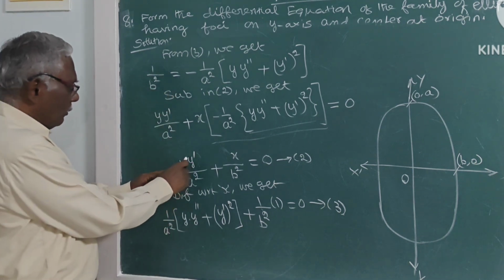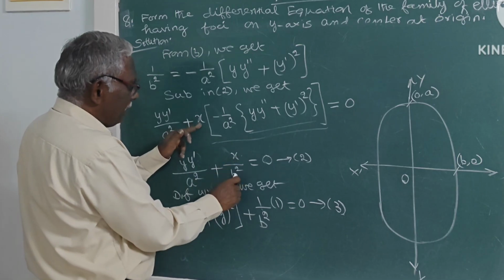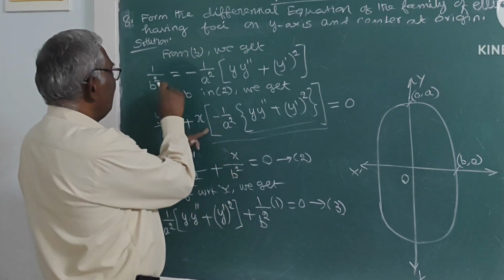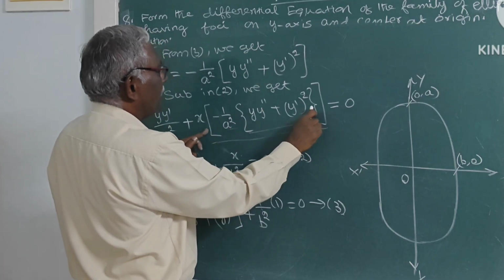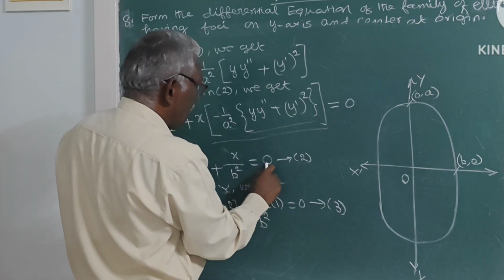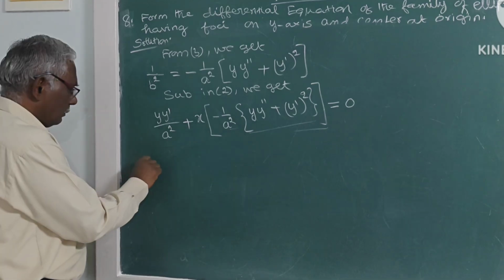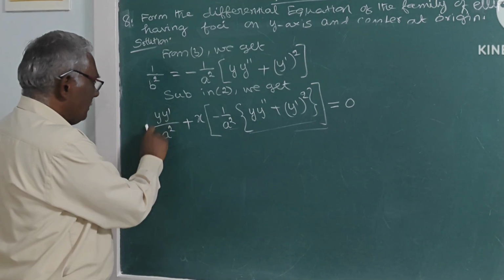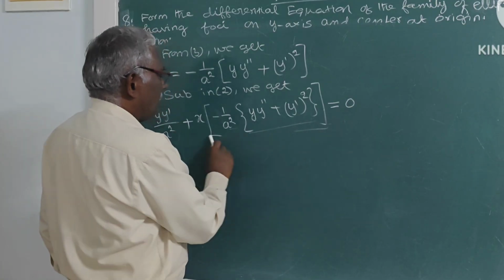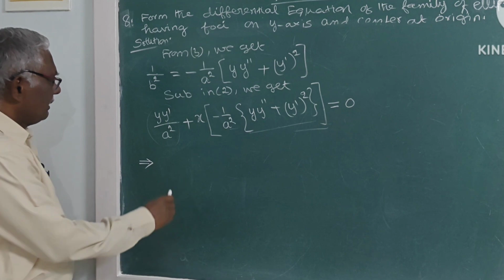So y dash by a square plus x into 1 by b square, for that 1 by b square this whole thing is written, is equal to 0. Now in this, this is the first term, this is the second term, we'll multiply throughout by a square.